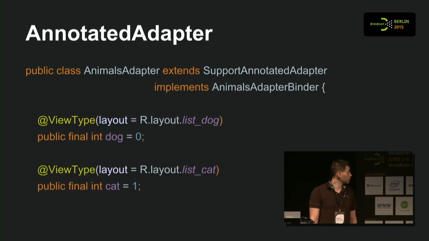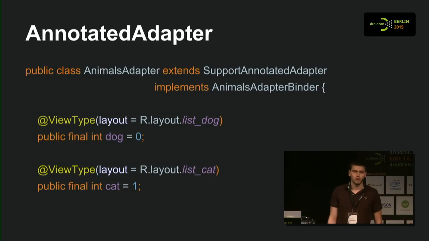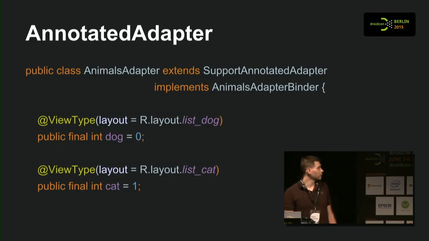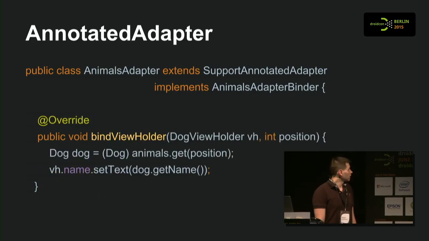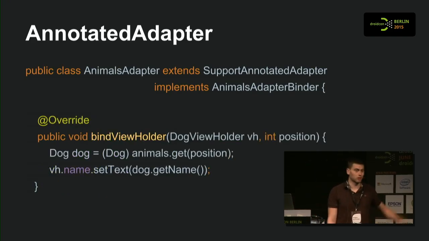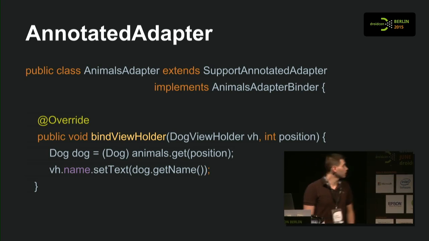But there's also something useful like annotated adapters. You just annotate your view types, like dog or cat, and specify the layout file, and this generates the ViewHolder classes for you. But not only that, it also generates an interface you have to implement, called the adapter binder, in this case AnimalsAdapterBinder.